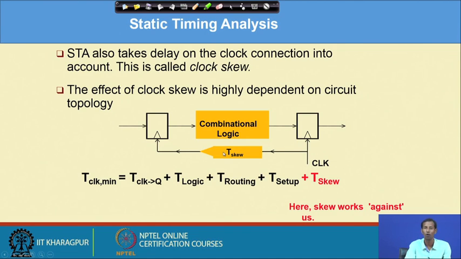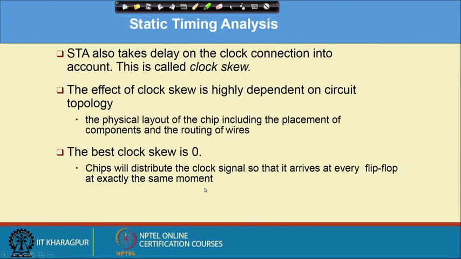If I supply the clock in the opposite direction of the data, then clock skew will be added to this equation. So here you see skew works against us.